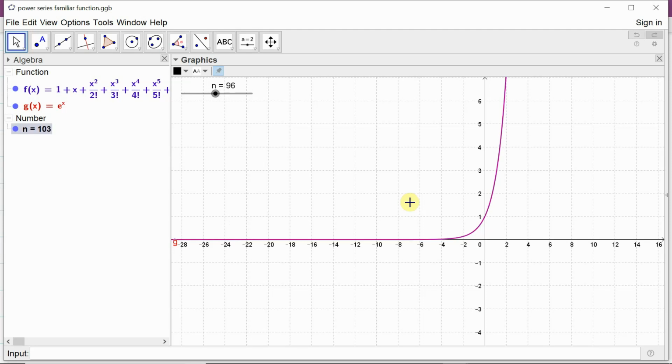What do you think it is? Do you see how this is really different than the one I showed you earlier? As I showed you earlier, it just kind of got stuck and tried to go up faster, but that's not what's happening here. The interval of convergence is all real numbers.